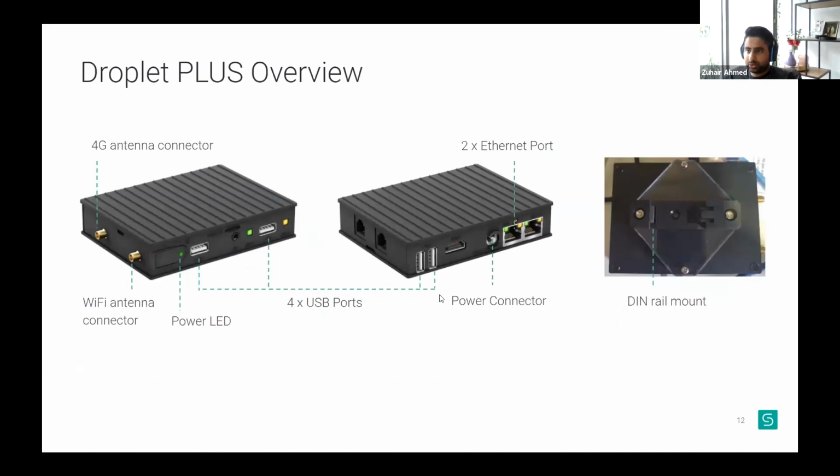Moving towards the second one, Droplet Plus. This has a rugged case. The software that runs on these droplets is the same. It's the application that's different. So in this case, it has 4G connectivity, so it's a perfect product for off-grid sites, with 4 USB ports to connect devices, and an additional Ethernet port to connect to either internet or other devices.